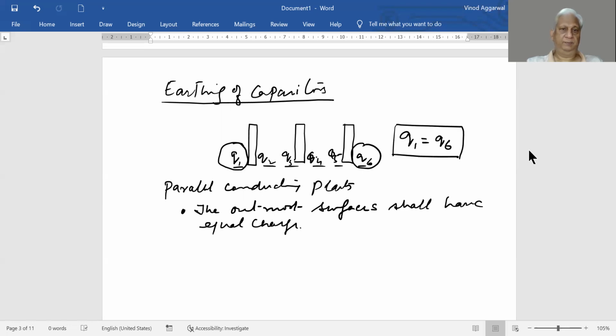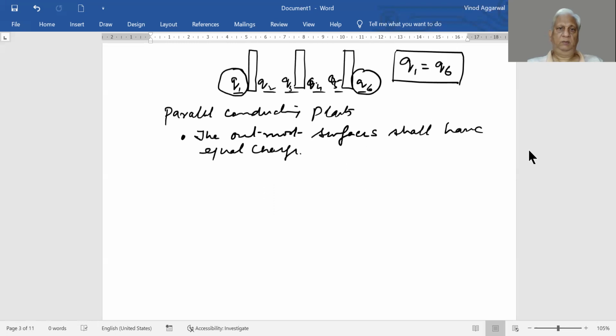This is the condition. Now, we take another case. This is one plate, this is second plate, this is third plate. Again, Q1, Q2, so on and so forth, Q5, Q6.